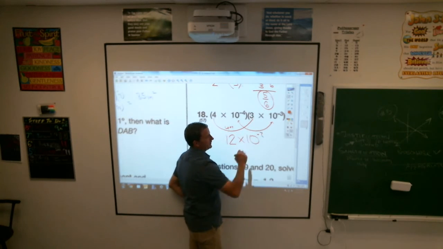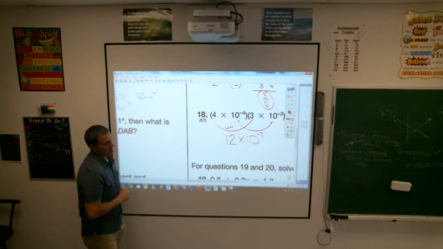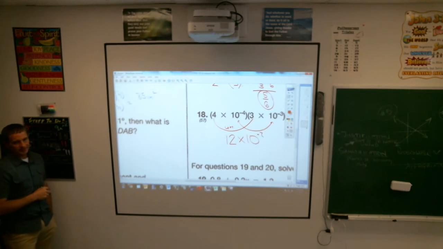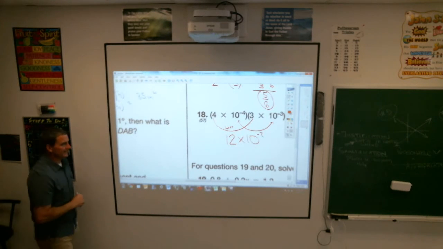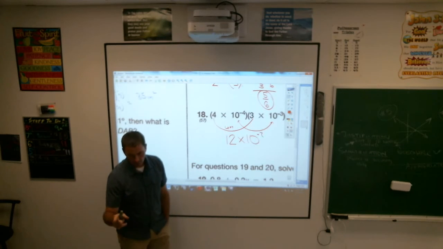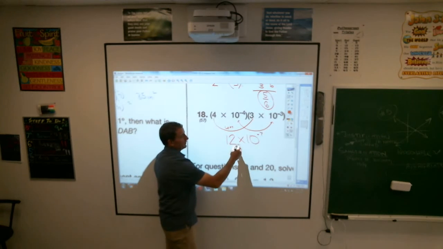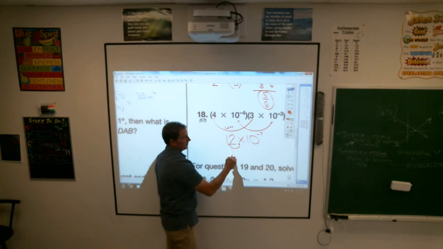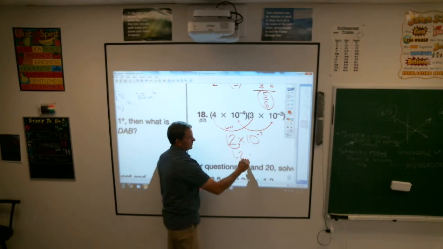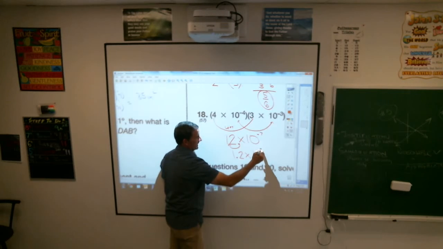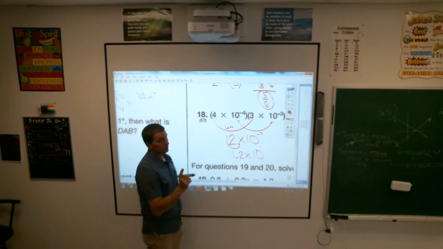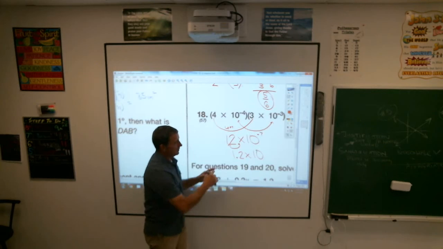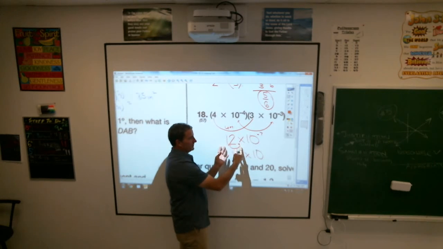Now, unfortunately, I can't leave it like that because it's not in scientific notation yet. What do I have to do? Lainey, I'm going to change 12. The decimal starts here. I need to make it between 1 and 10, so that decimal has to move there and make it 1.2. Well, when I change this number, my exponent changes as well, and here's where people get mixed up. You think about this as being kind of balanced out.